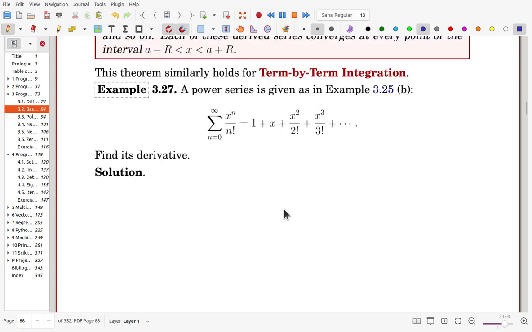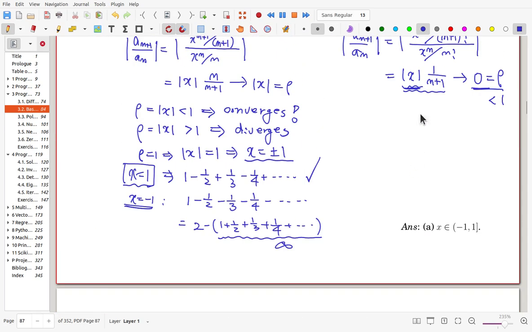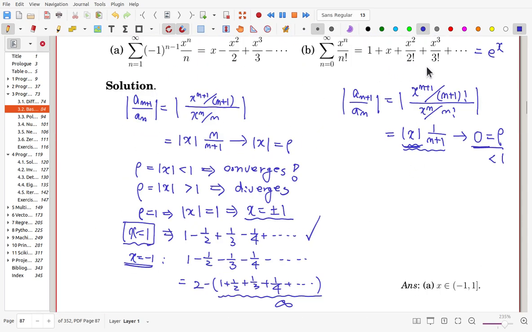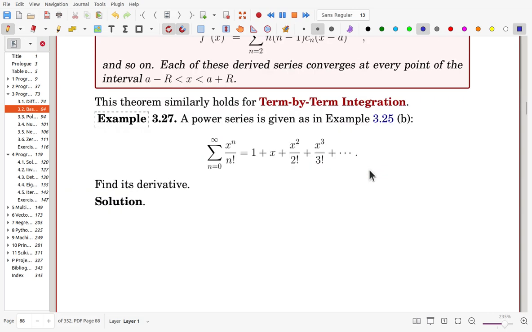Okay, here a power series is given as in example 3.25 and B, and I said that this is practically e to the x. Now, let's try to find the derivative. Because this series is convergent everywhere, we name it f of x.